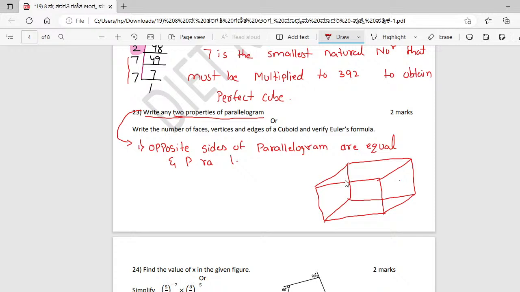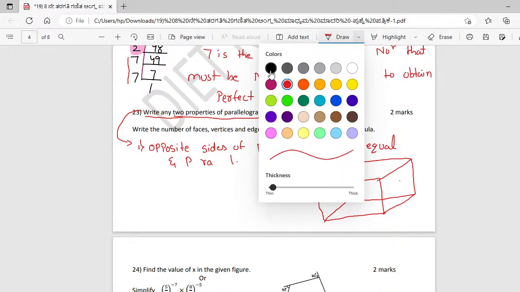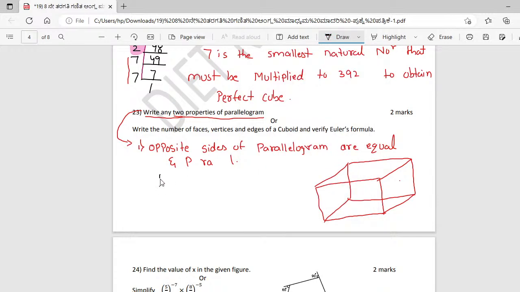We know the formula given by Euler: F plus V is equal to E plus 2. In the question they are asking us to verify it.